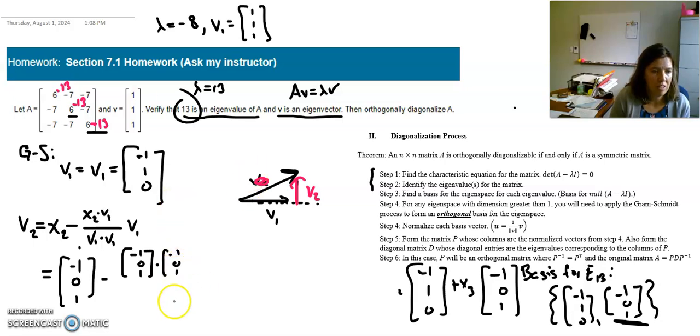The hardest part of this process is using the right vector in the right place. Okay, here's x2, dot V1, over V1 dot V1, times V1.